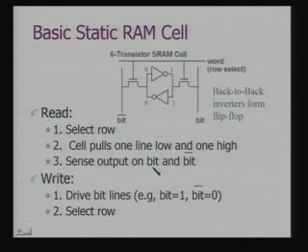On the other hand, how do you write? You drive bit lines and select the row, and accordingly you force the flip-flop to change state if it is required. So, this is how a bit gets stored in a static RAM. Obviously, since it requires 6 transistors to implement a single cell, the area required for implementation of a single bit of SRAM is more.